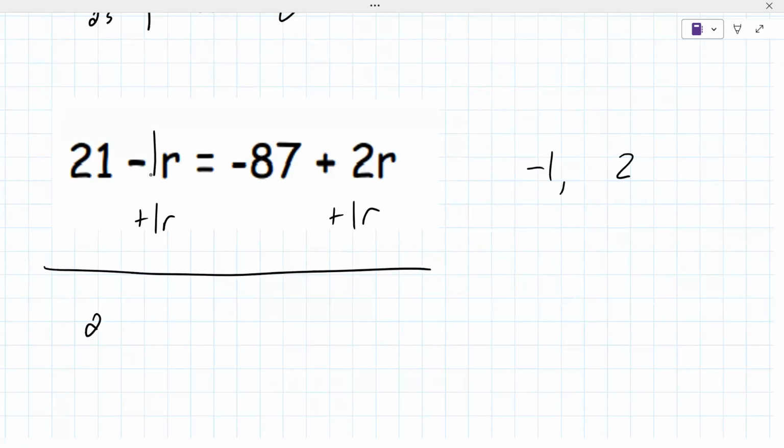So sometimes you'll get one positive, one negative, or even both negative.